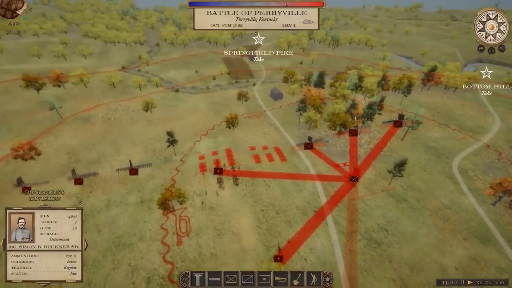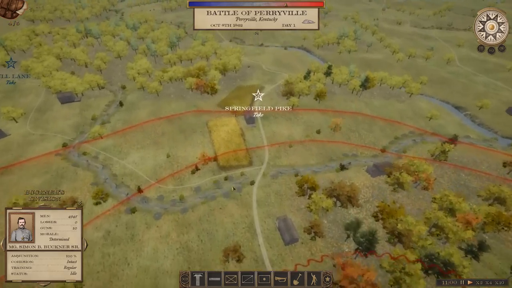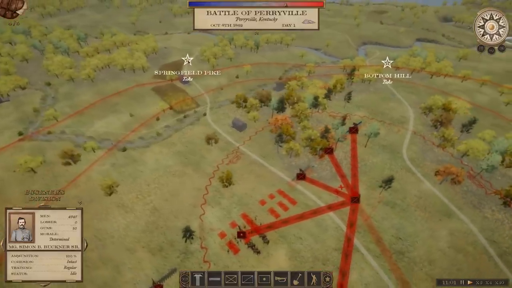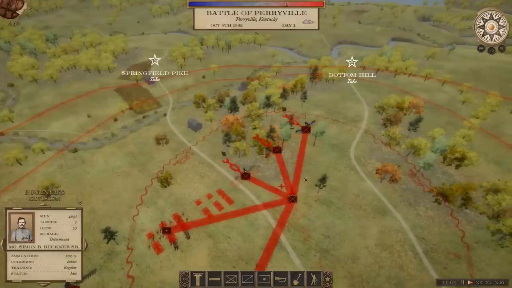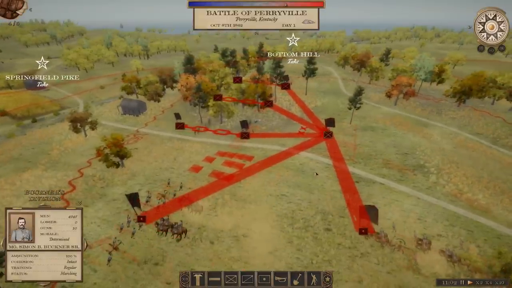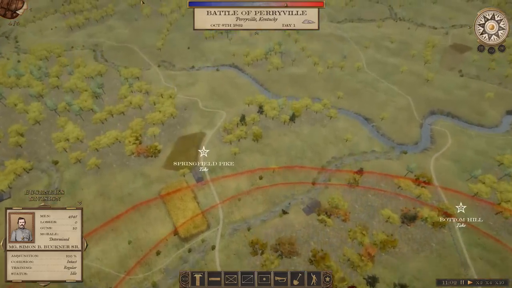So in this case, as I order him to defend, I also will order him the area where to move and where to defend. And in case Buckner runs into any enemies on the way, he will start carrying out his orders, which are to defend. Okay, so the order has been given.